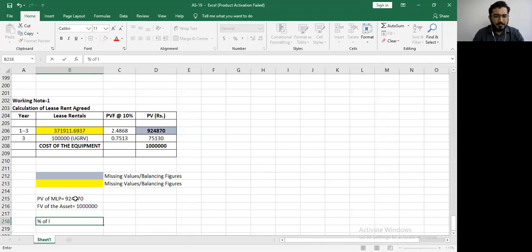Percentage of present value of MLP covering fair value of the asset, which means 924,870 divided by 10 lakhs, multiply by 100.